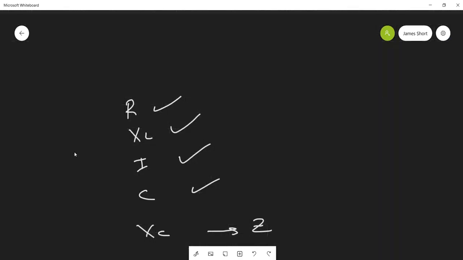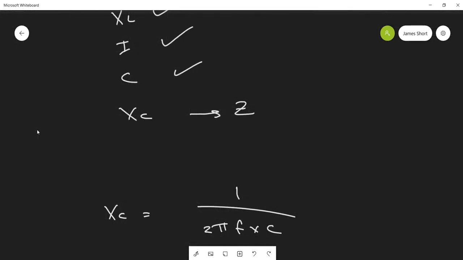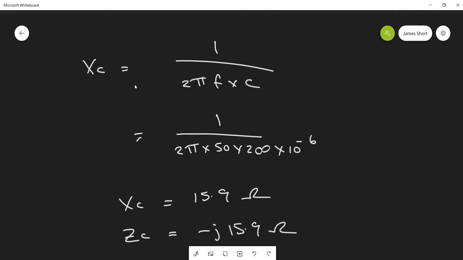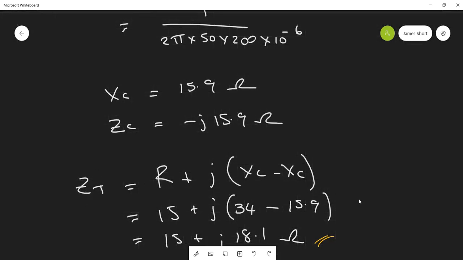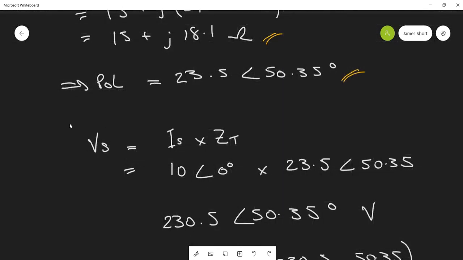Likewise, if we want to find the supply voltage, we want the total impedance of the circuit. So we can find XC, and from XC we can find the total impedance. And from this total impedance we can then find the supply voltage.